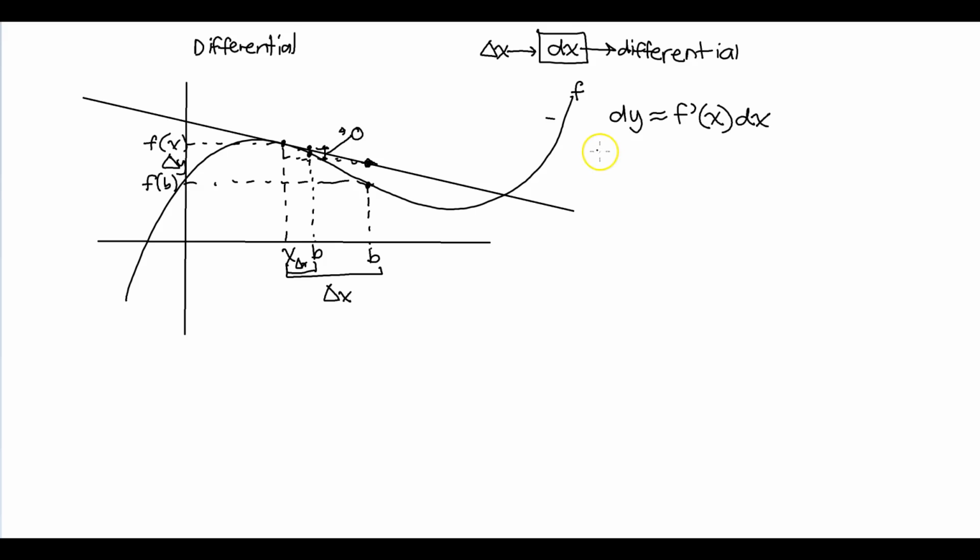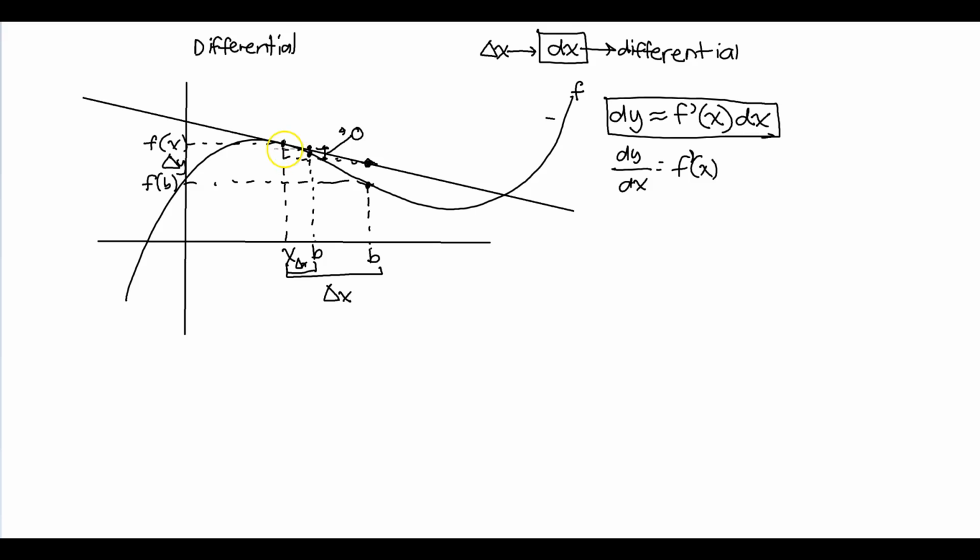Okay, and you can kind of see where all this notation comes from. So this is what the differential of y is defined as. This is how the differentials relate to each other.